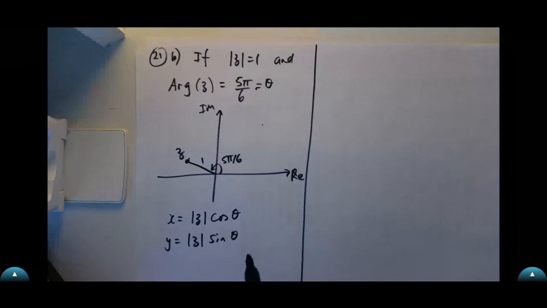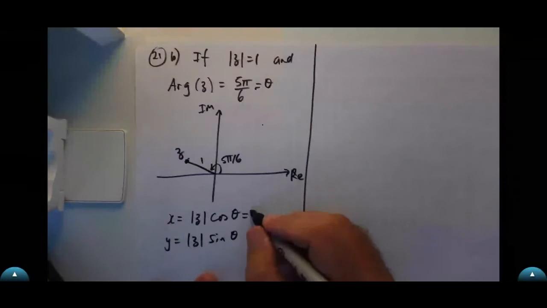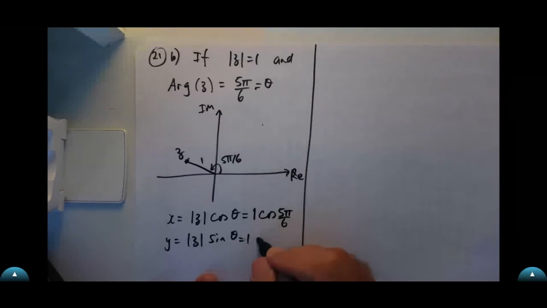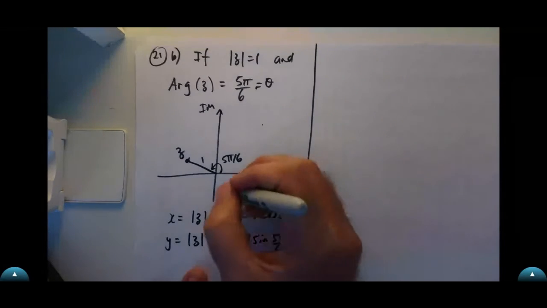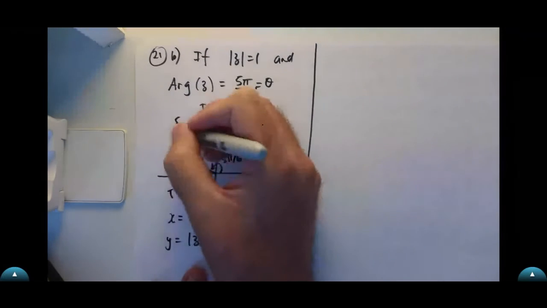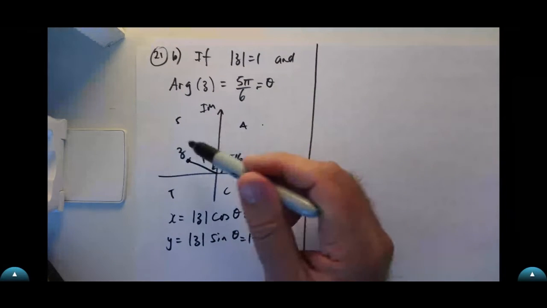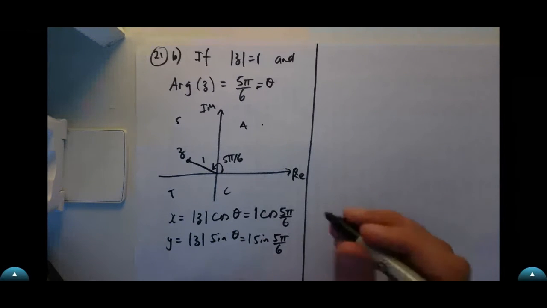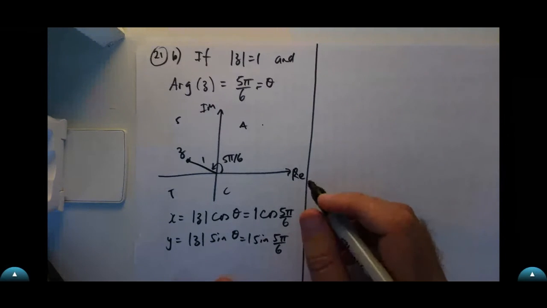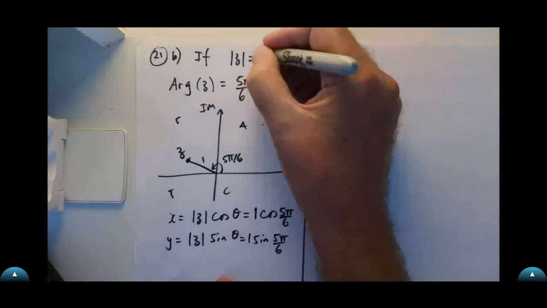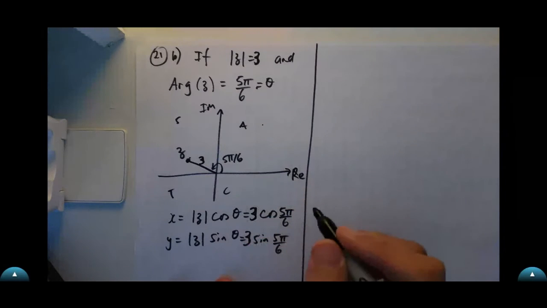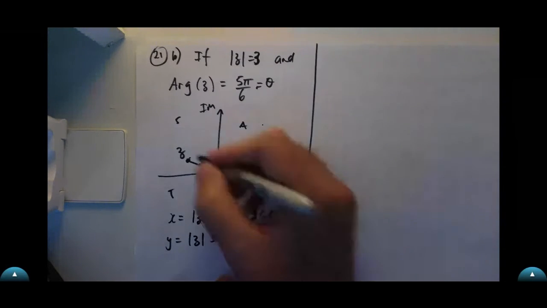So this is going to be 1 cos 5 pi on 6, and this is going to be 1 sine 5 pi on 6. Sine's positive in this quadrant, and cos will be negative. Oh, hang on, it's not 1, it's 3. No wonder I made a mistake. Sorry about that. Just adjust it to 3.